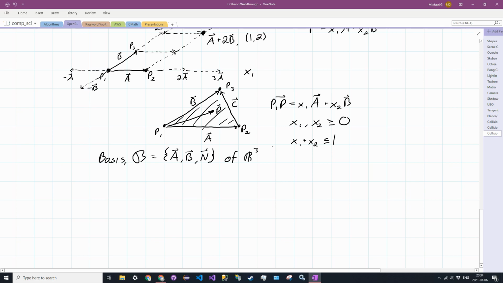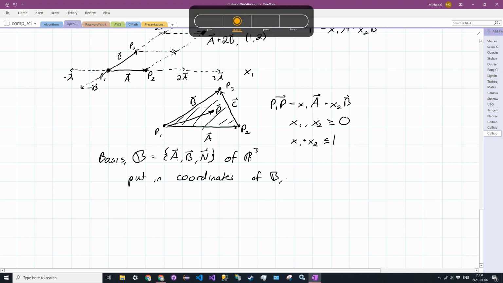In other words, using a linear combination of these three vectors, you can get to any point in 3D space. And then we can put in the coordinates of B.